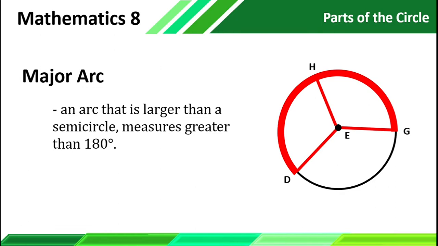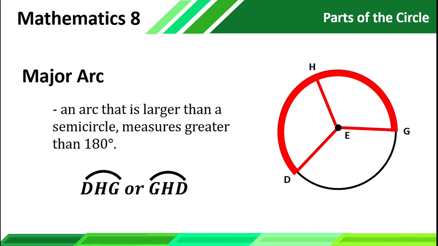We also have major arc. So when we say major arc, it is an arc that is larger than a semicircle, wherein the measure is greater than 180 degrees. So in denoting a major arc, we also use 3 points on the circle. So here, our major arc is arc DHG, or we can also write this one as arc GHD.